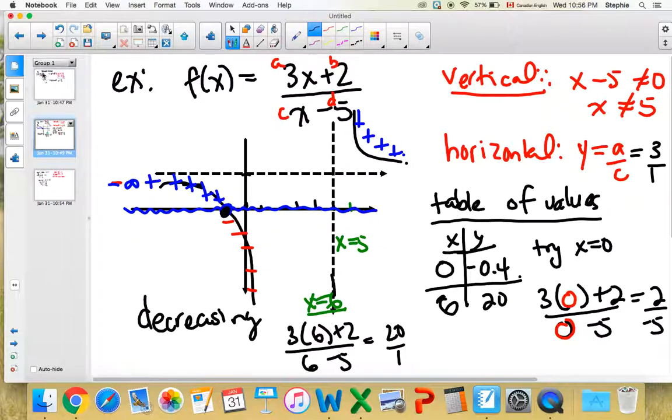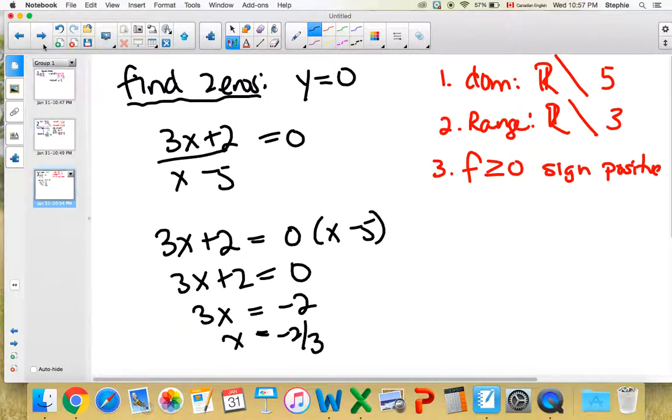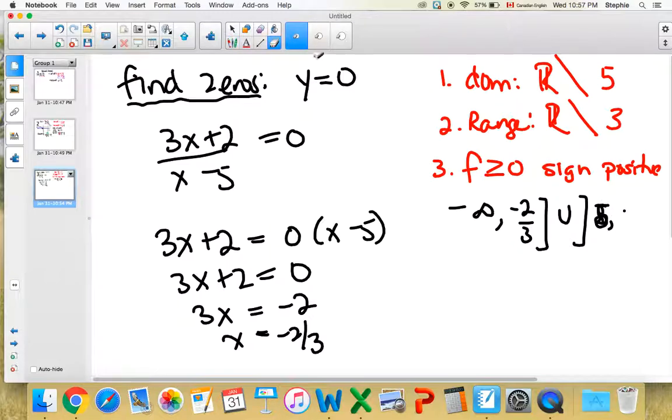That number was negative 2/3. So it's from negative infinity to negative 2/3 included, union, not including the asymptote, 5 to positive infinity.